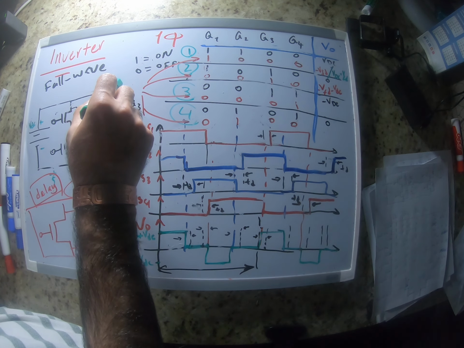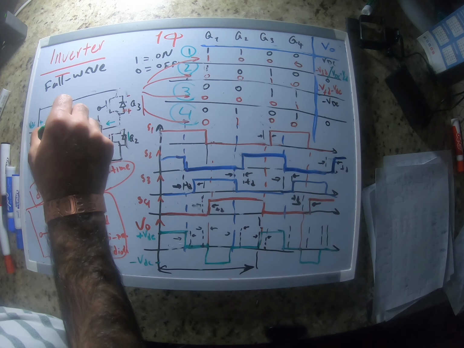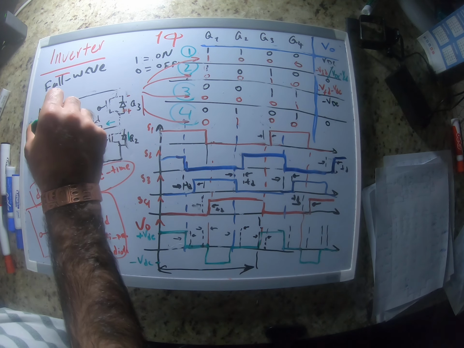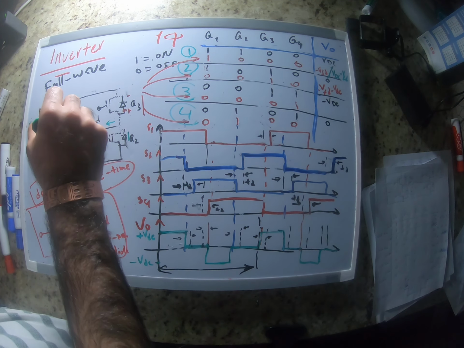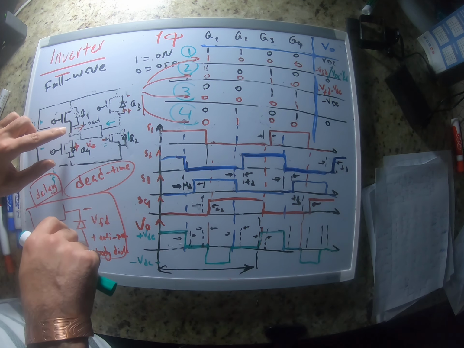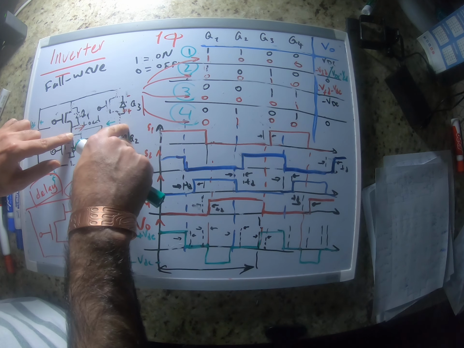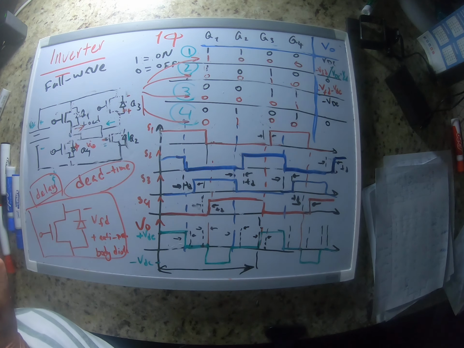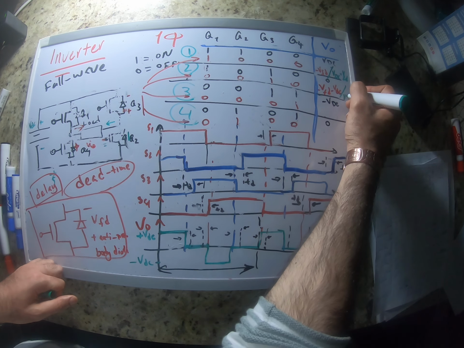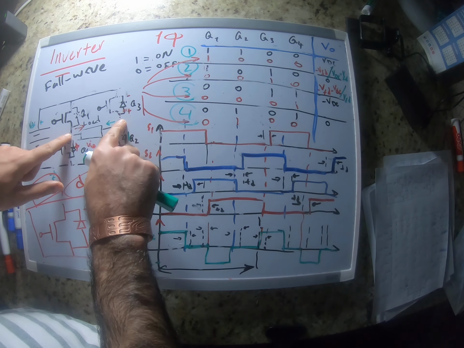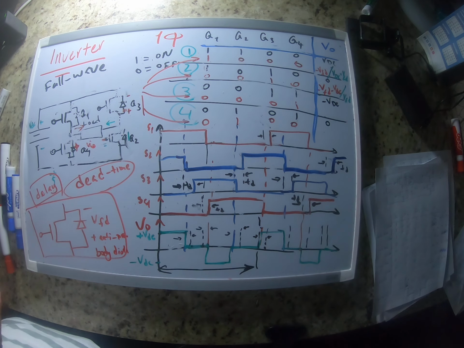Again we have a short circuit, this is the path for the current. This point has a higher voltage than this one, so the voltage is VFD. The voltage drop across the diode is the only voltage that we have on the load.